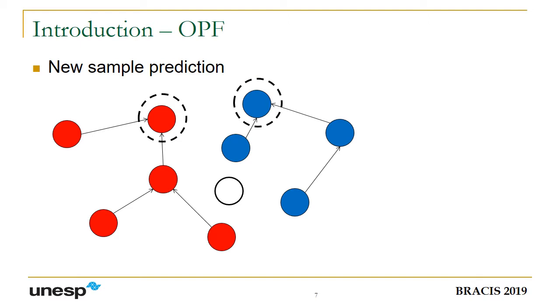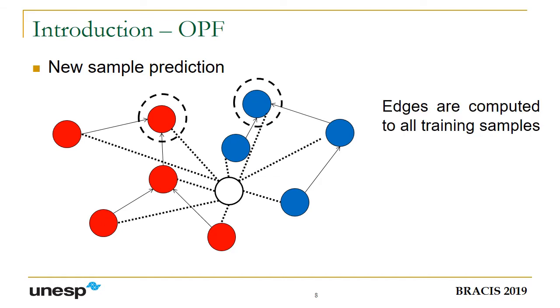In the classification step, when we have a new, unlabeled sample, we compute again the distance from this new sample to all samples of the training set. Here, the edges represent the distance from this new sample to all other samples.